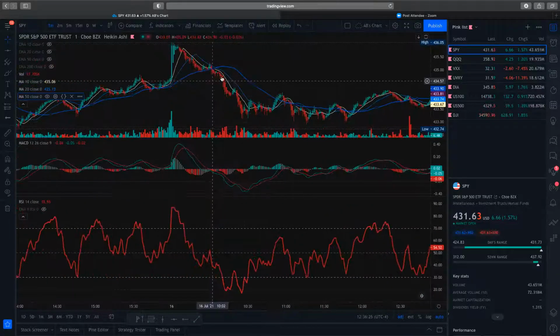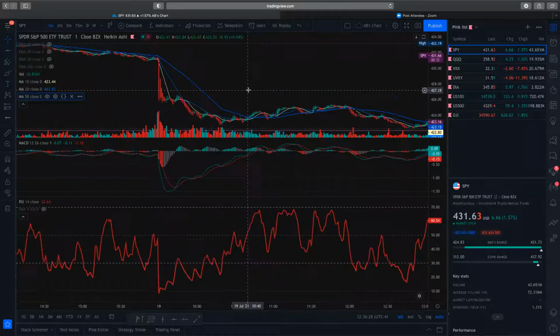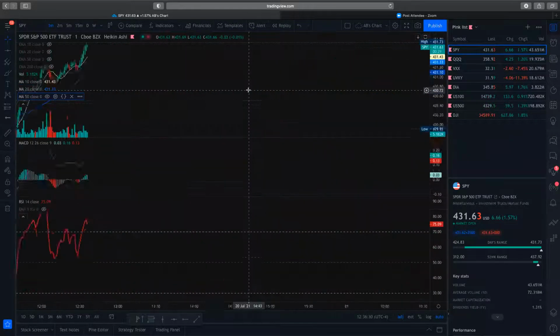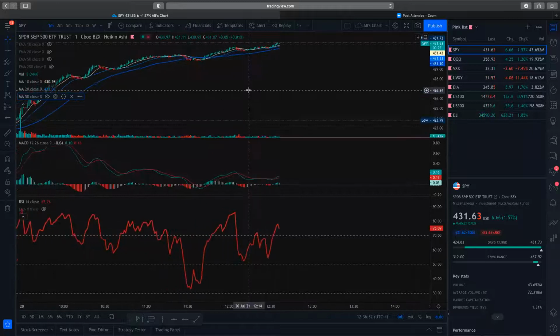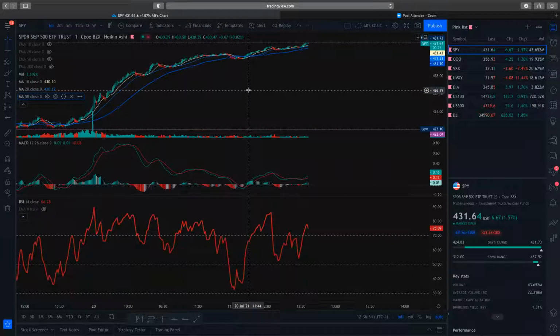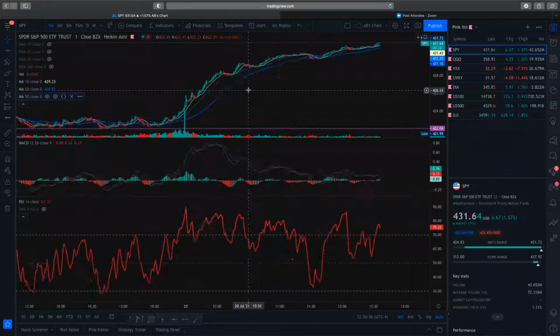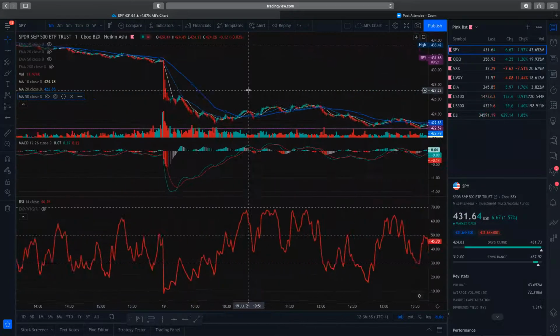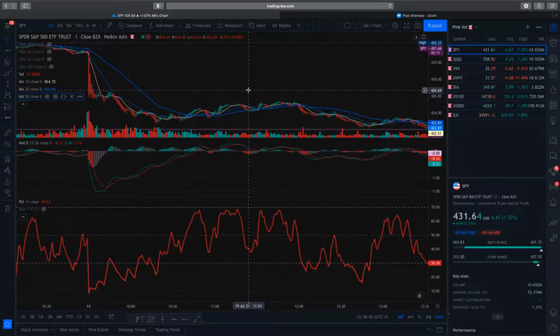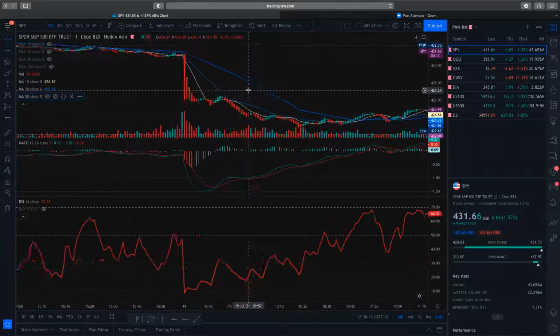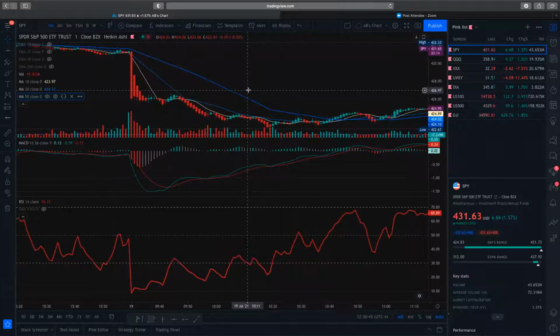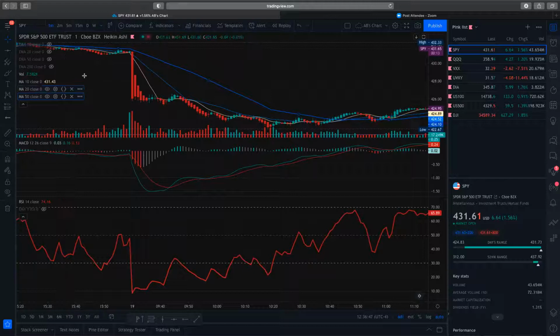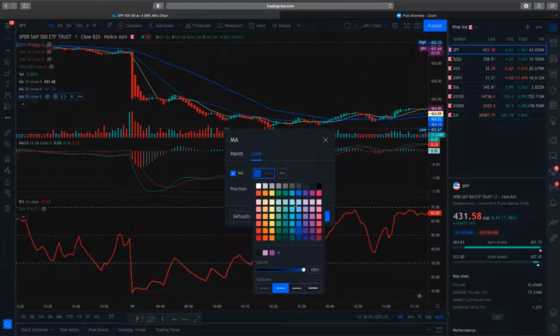All right, so let's go to the SPY. Let's see. I'm trying to find a death cross for you guys. Okay, so this is from, I'm actually going to change the color of my 50 because I feel like the blue is confusing me. Sorry, y'all.